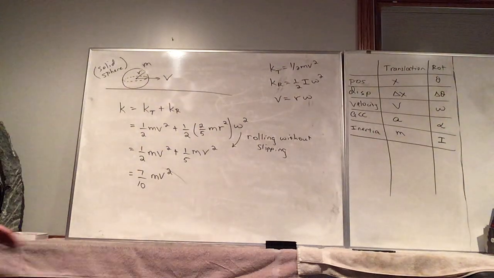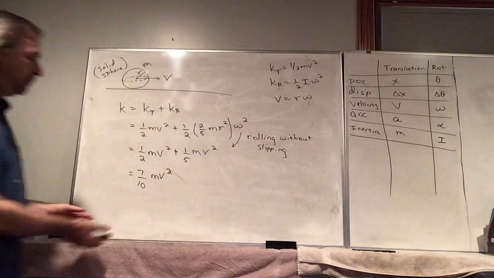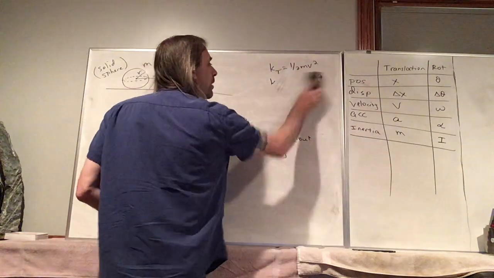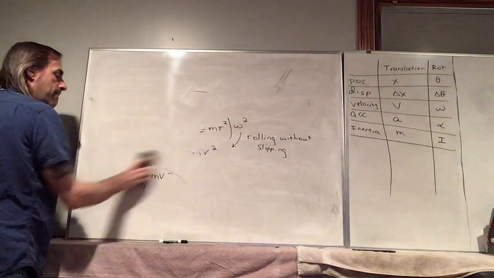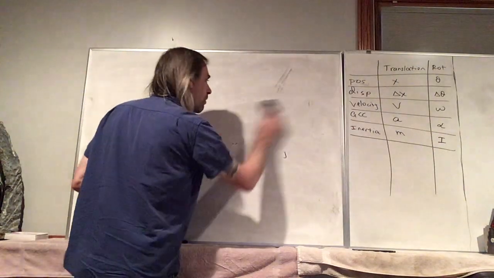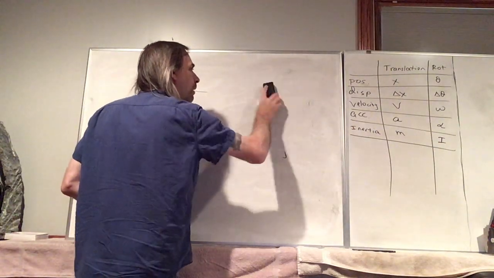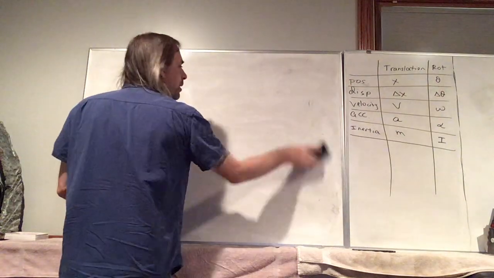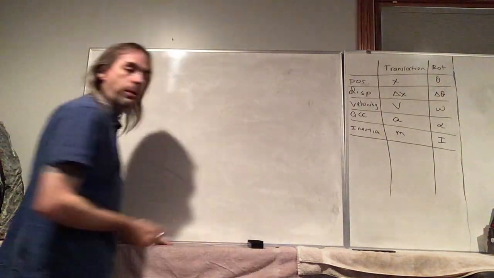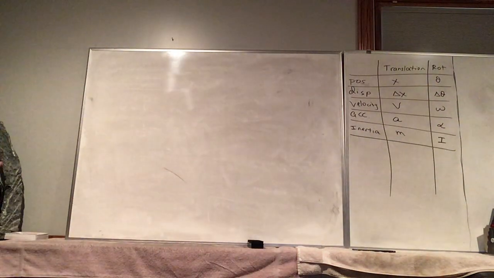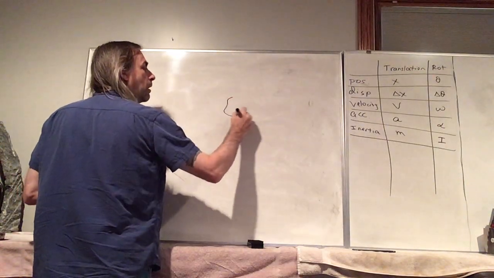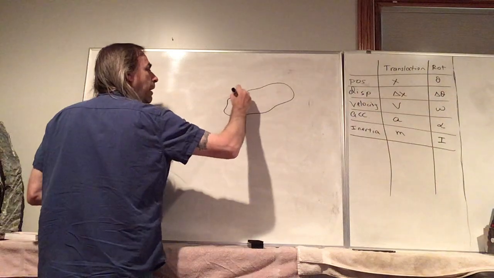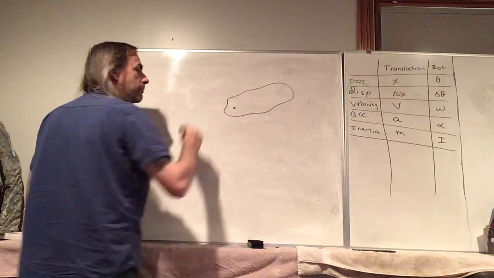Let's go back to our... Let me redraw that picture. Time to clean the board again, or more likely the eraser. But anyways, we've got this general object with an axis of rotation.